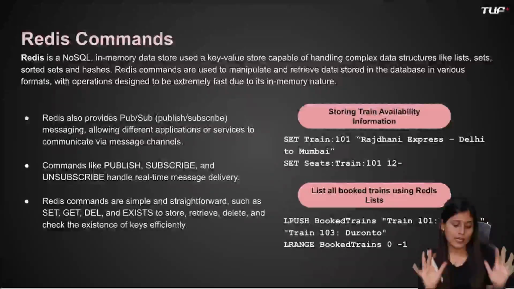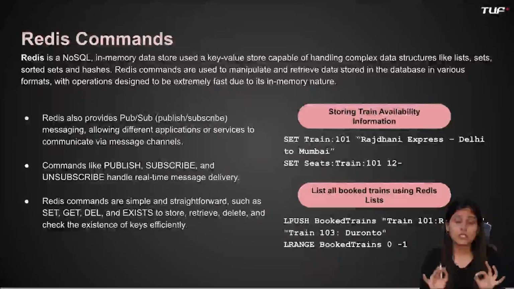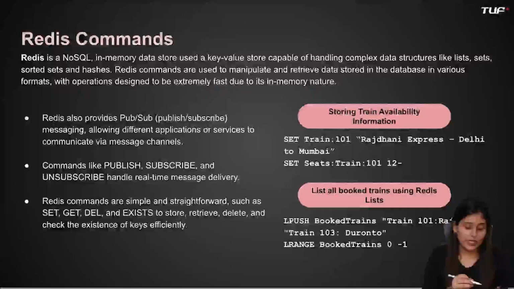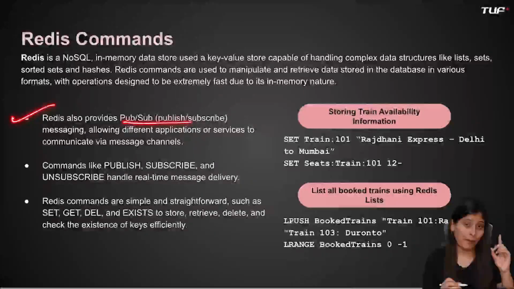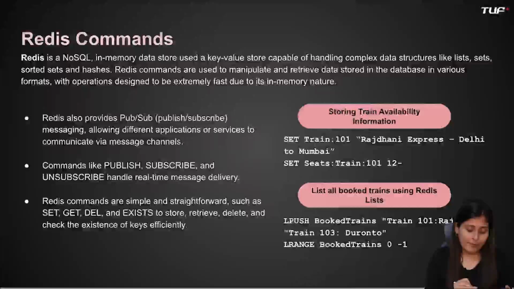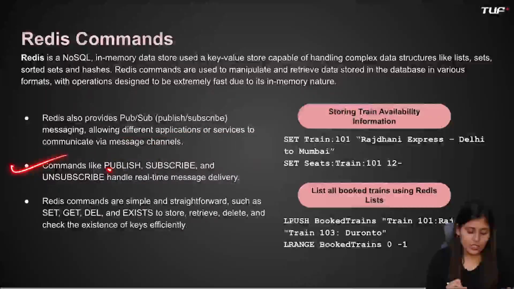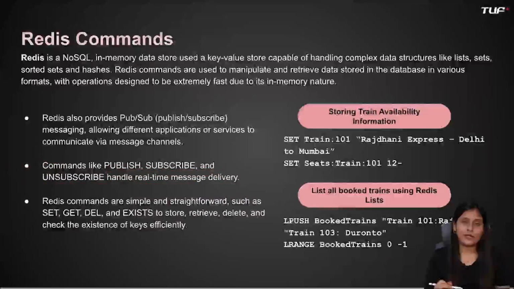As of now, just understand that we use Redis commands for faster queries, especially in more complex databases. It also provides pub/sub, meaning publish and subscribe messaging, which allows different applications or services to communicate via message channels. Commands like publish, subscribe, and unsubscribe help us handle real-time message delivery.